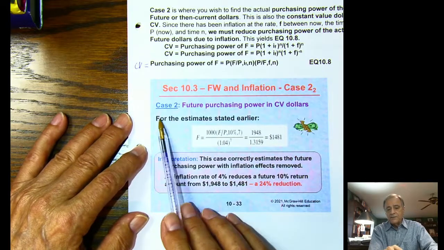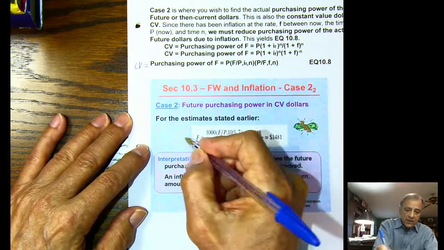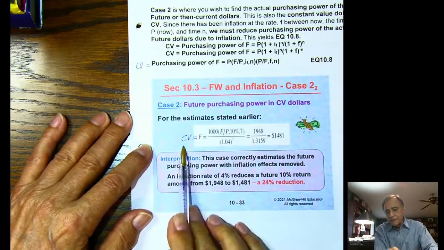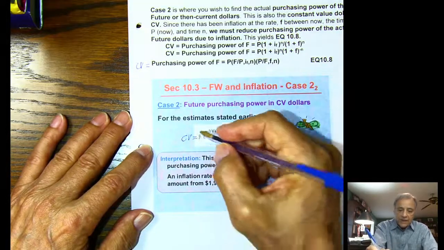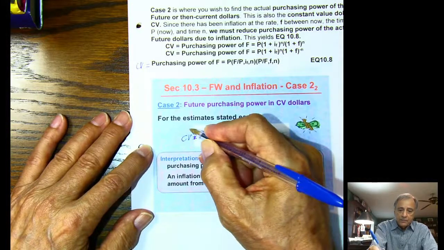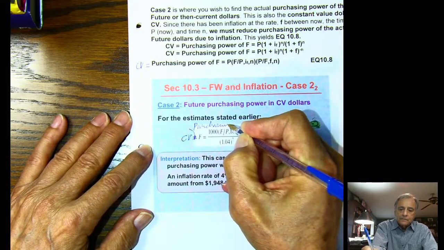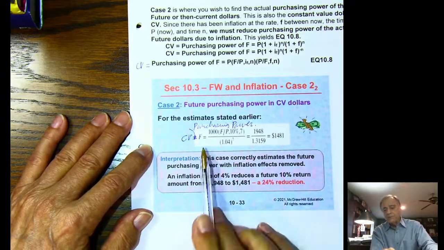That's the constant value term. And actually, this is purchasing power. Don't forget that: purchasing power of the F.